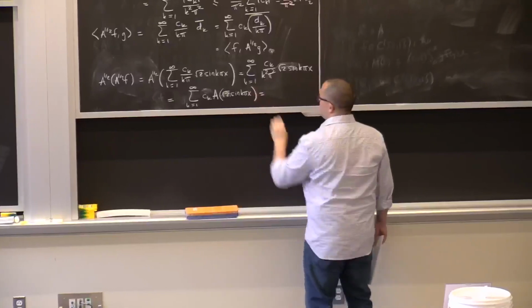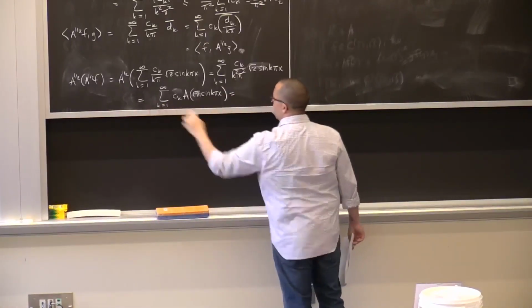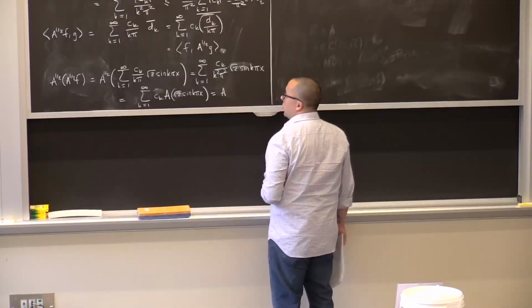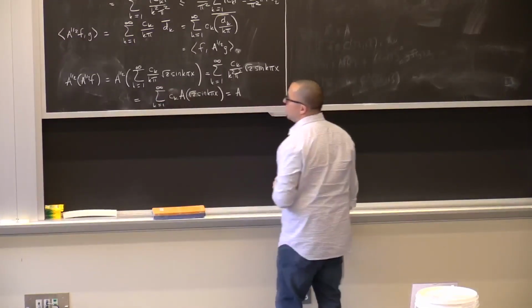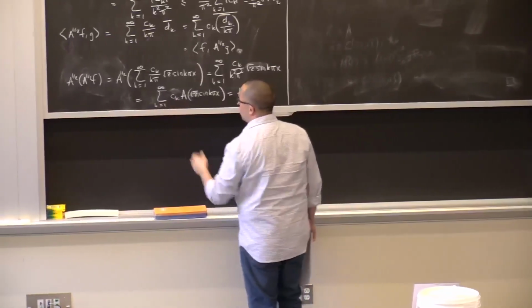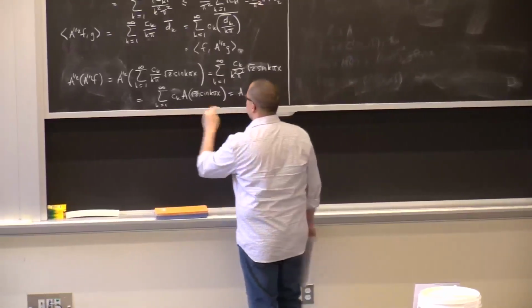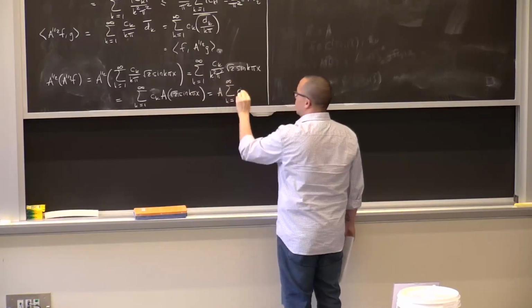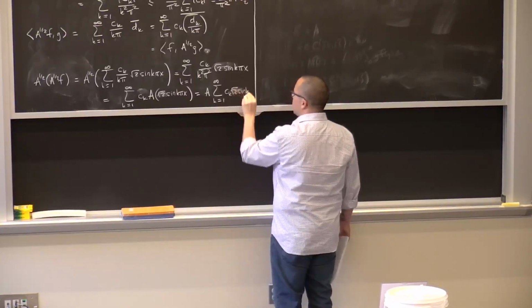And now it's perfectly legitimate to pull this A out of the infinite sum because this is a basis for L2. In any case, I can pull the A out.